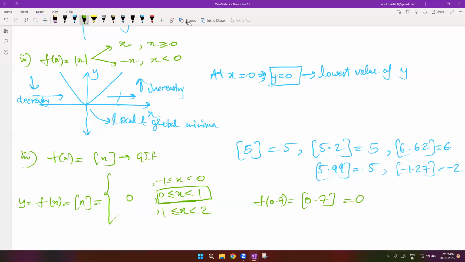Whatever your x is, when x is from 0 to 1, y has the same value, 0, because the largest integer that is smaller than these values is 0. Similarly, this will be -1. This will be 1. From 1 to 2, your GIF will take only 1. The answer will be 1 every time.